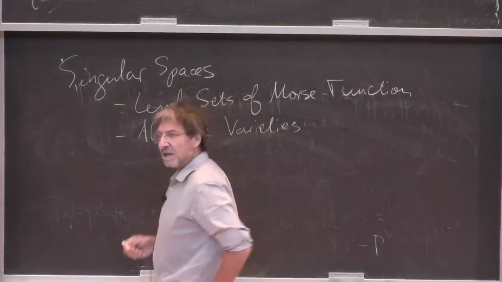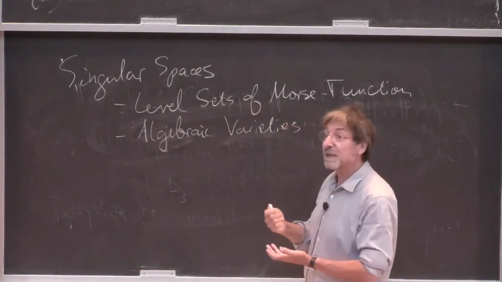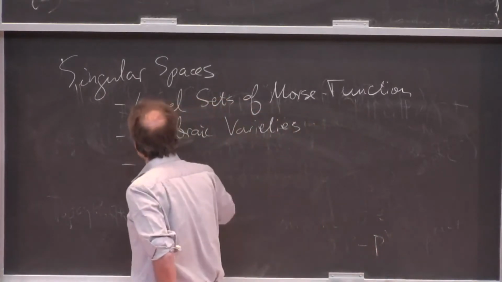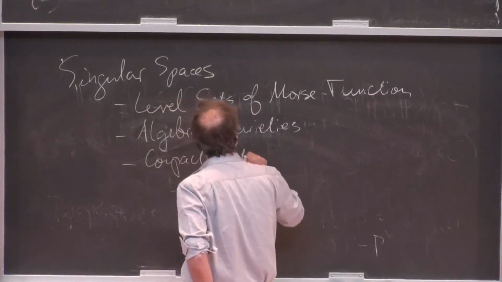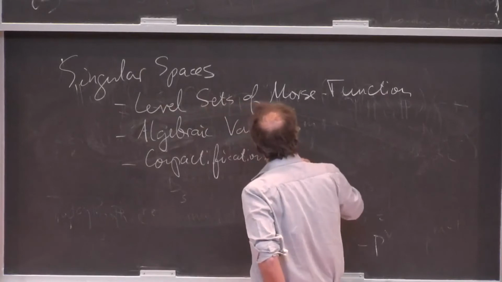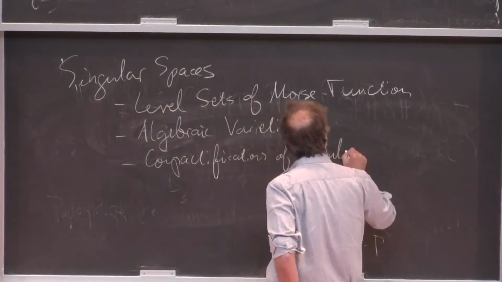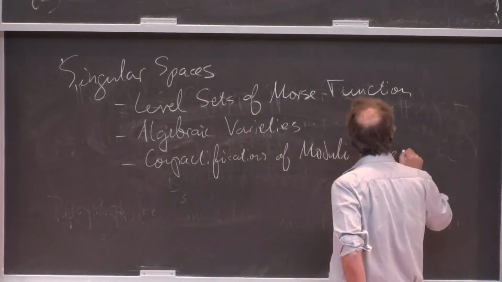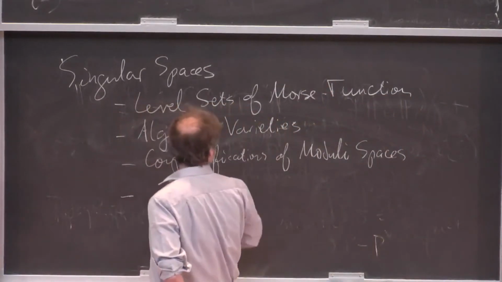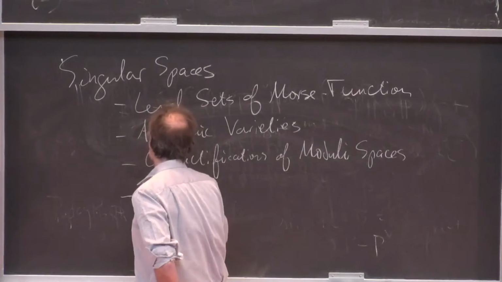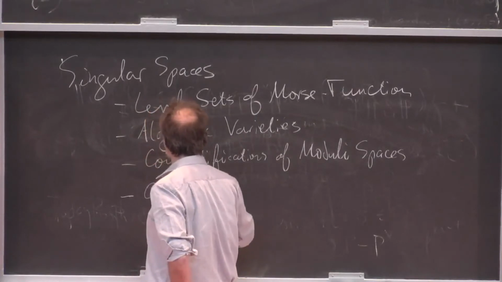There's obviously a very long tradition of trying to do analysis on algebraic varieties. I'm not going to have a chance to talk about these except in my third lecture, where I'll try to give some examples where the types of operators I come up with are appearing: compactifications of moduli spaces, and finally compactifications of locally symmetric spaces.